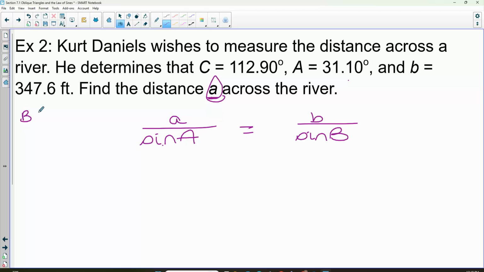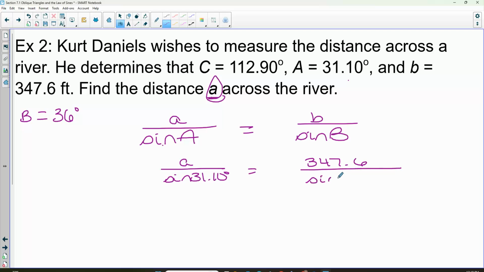So we need to find angle B. So angle B is what? And what do we get for A?